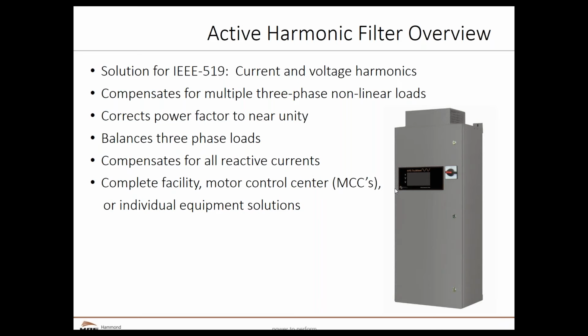Single-phase nonlinear loads like computers and chargers must be mitigated with other devices like harmonic mitigating transformers. Active harmonic filters can also correct power factor to near unity and balance three-phase system currents. Active harmonic filters can address harmonics and power factor for an entire facility, one motor control center, or just one individual piece of equipment.